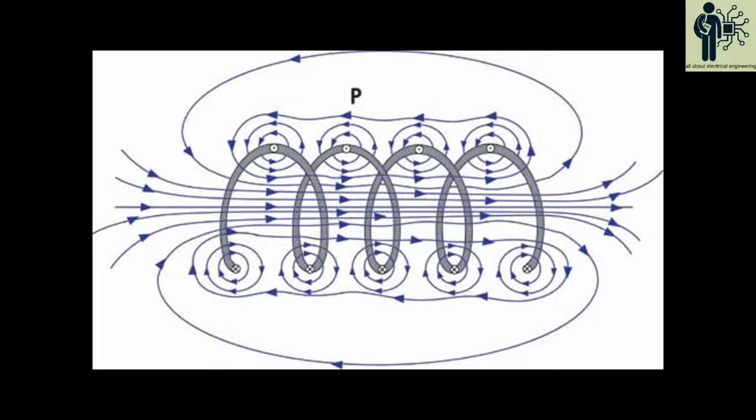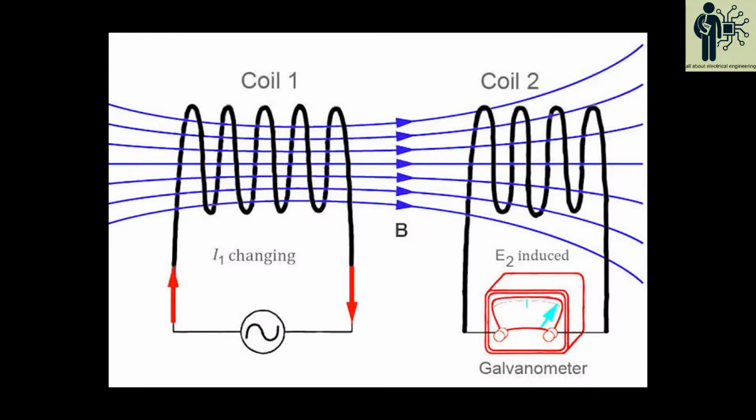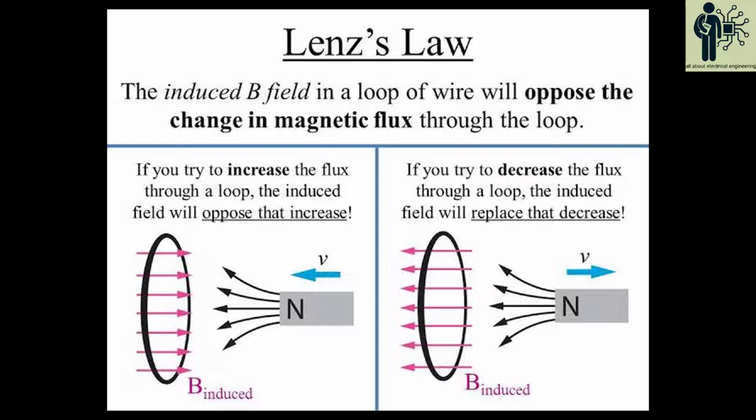As the flux already surrounds the coil, this changing flux obviously links the coil. According to Faraday's law of electromagnetic induction, if changing flux links with a coil, there will be an induced EMF in it. Again, as per Lenz's law, this induced EMF opposes every cause of producing it. Hence, the induced EMF is opposite to the applied voltage across the coil.